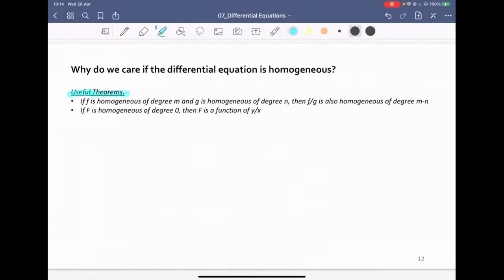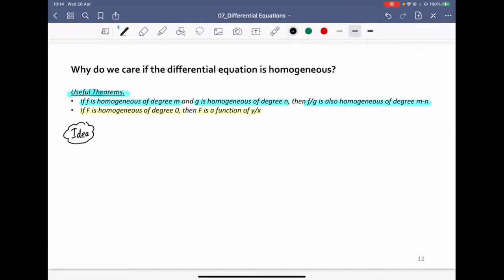Theorem number one is, if you know that the function f is homogeneous of degree m, and g is homogeneous of degree n, f over g is going to be homogeneous of degree m minus n. And if you know that the function f is homogeneous of degree 0, then f is a function of y over x. Well, basically, this is the idea.